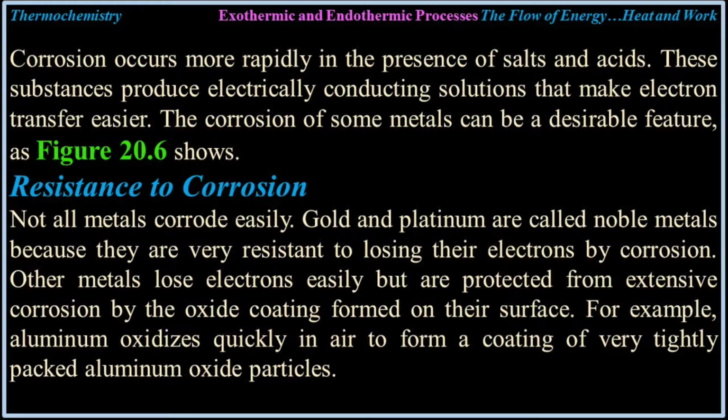Gold and platinum are called noble metals because they are very resistant to losing their electrons by corrosion. Other metals lose electrons easily but are protected from extensive corrosion by the oxide coating formed on their surface. For example, aluminum oxidizes quickly in air to form a coating of very tightly packed aluminum oxide particles.